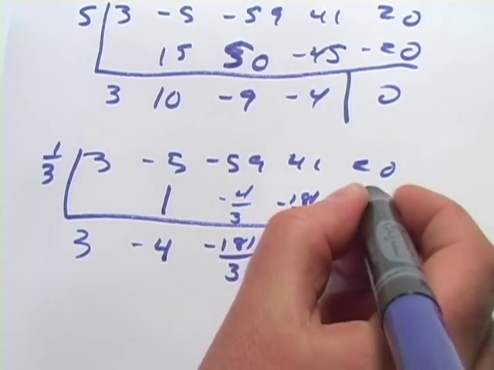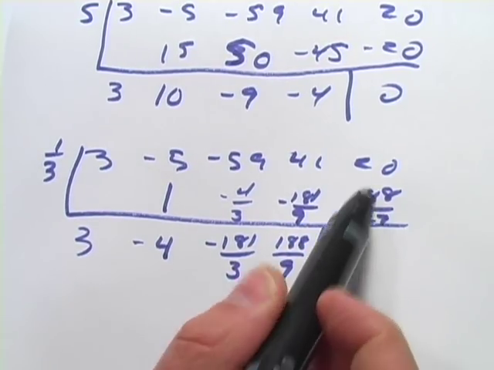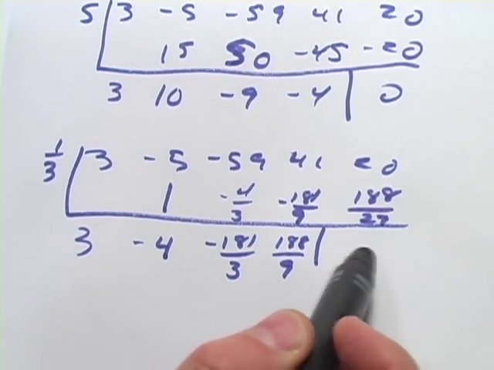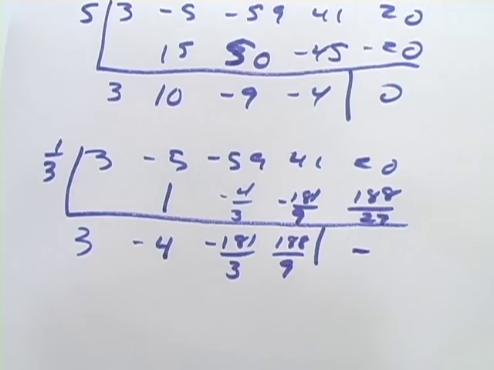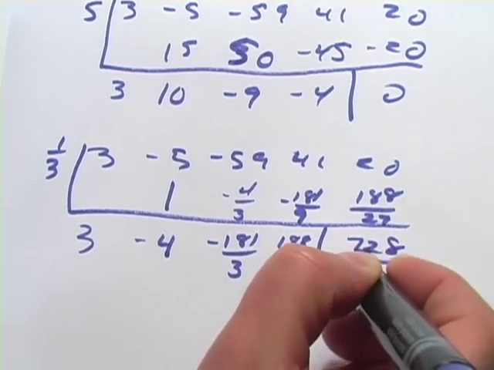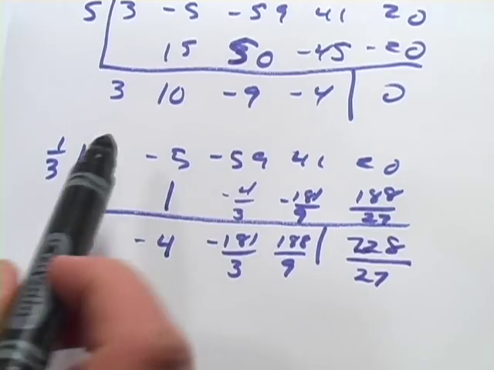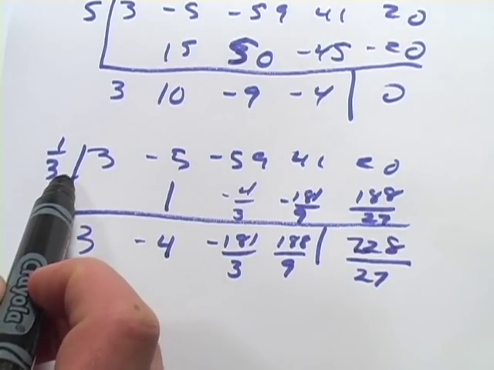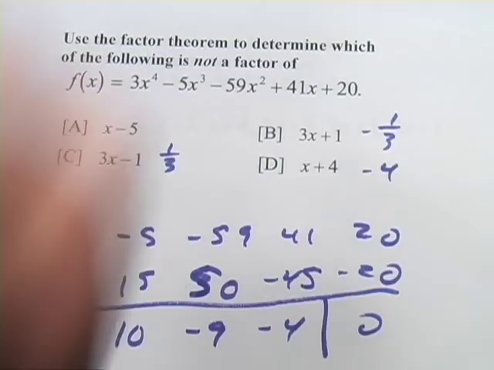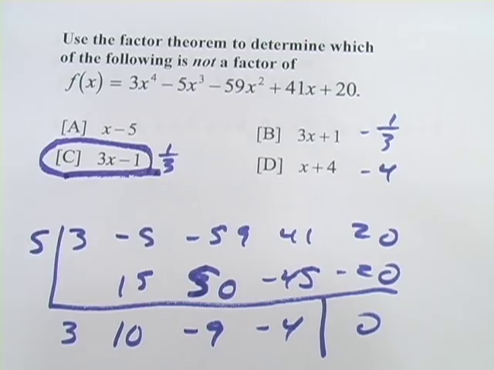We get 188/27. And you can see they're both positive numbers here, so we're going to end up with a remainder there. And I think that's 728/27. So that one has a remainder, so this is not a factor, which would mean 3x plus 1 is not a factor.